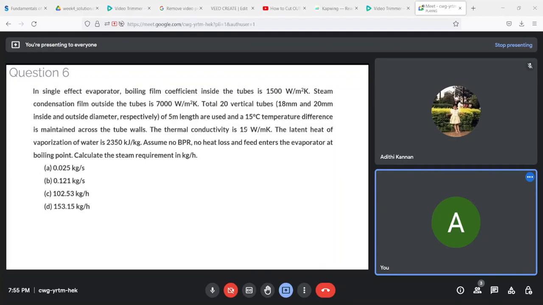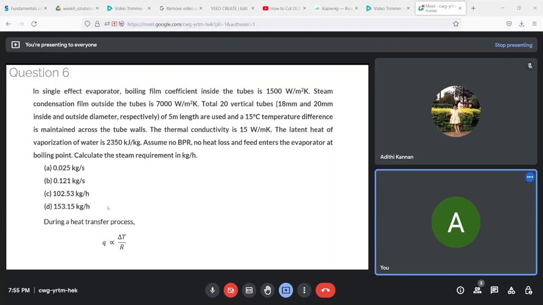The thermal conductivity is 15 watt per meter Kelvin. The latent heat of vaporization of water is 2350 kilojoule per kg. Assuming no boiling point rise, no heat loss, and that the feed enters the evaporator at the boiling point, calculate the steam requirement in kg per hour.